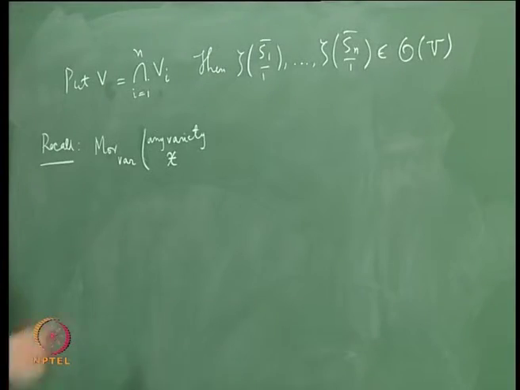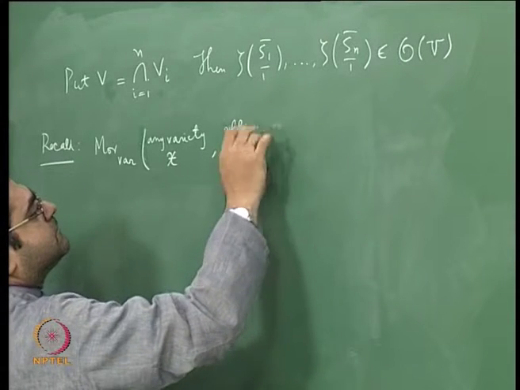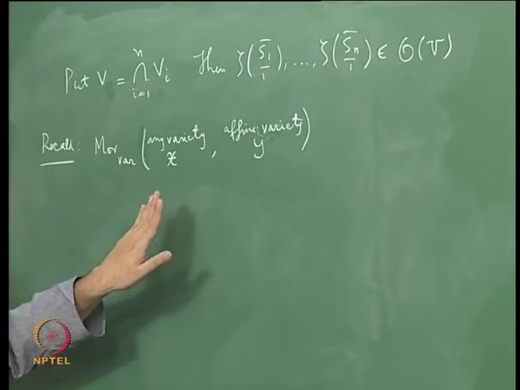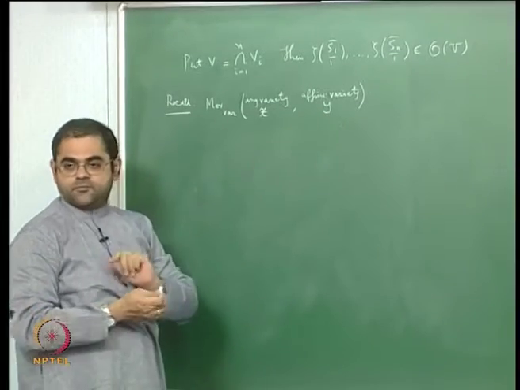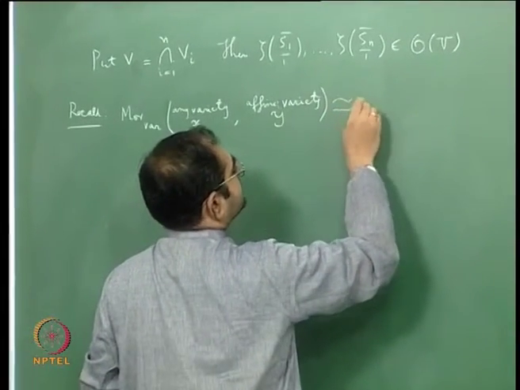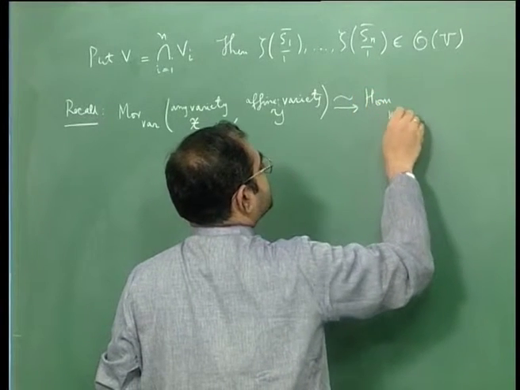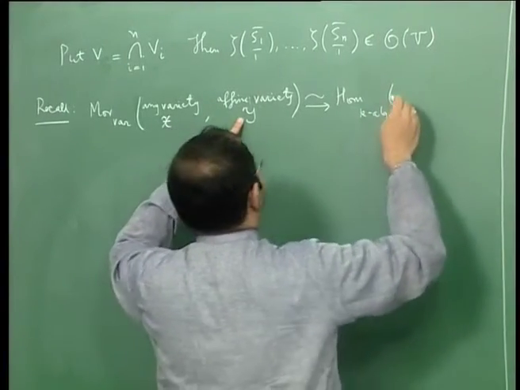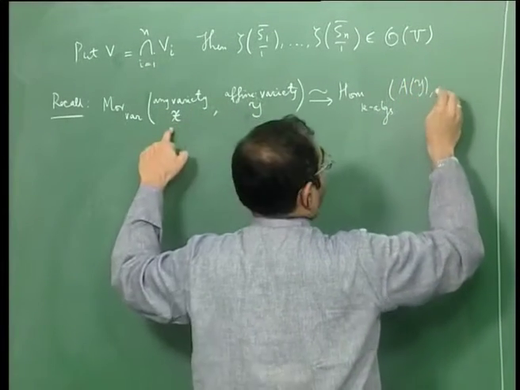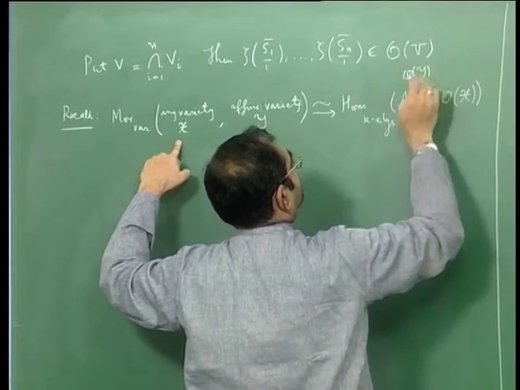You take any variety script X and you take an affine variety script Y, okay, and if you look at the set of morphisms of varieties from script X to script Y, then this is in a natural bijection with the set of all homomorphisms of K algebras from AY to OX, and mind you AY is the same as OY because Y is affine, okay.